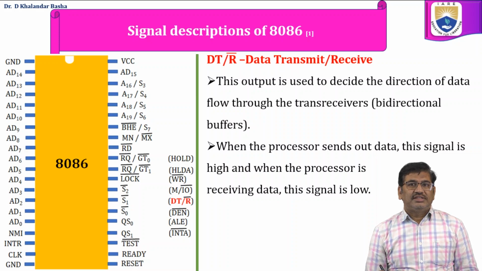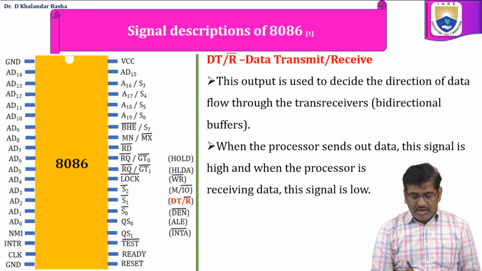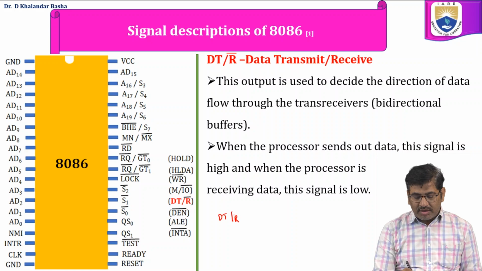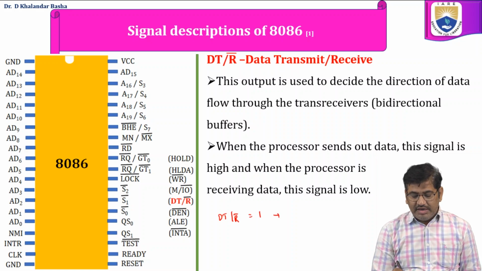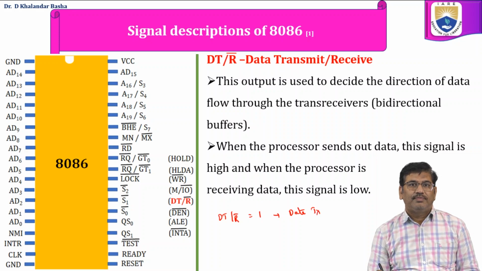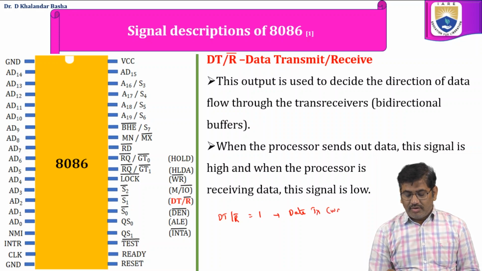When the processor sends out data, this signal will be high, and the processor is receiving data when this signal is 0. So if DT/R bar is equal to 1, it indicates the data is being transmitted by the processor. It is nothing but a write operation.